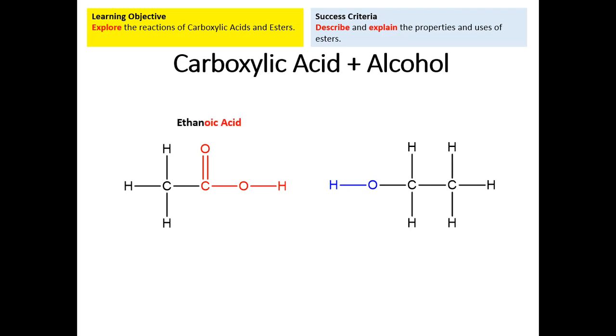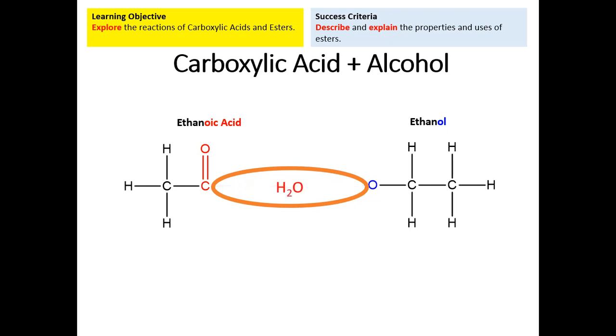So we've got ethanoic acid. You can see you've got 2 carbon atoms and your C double bond O, OH. And we've got 2 carbon atoms on our alcohol. So that is ethanol. Now you join those, and we're going to be looking at these bits here. So the OH of the carboxylic acid and the H of ethanol.